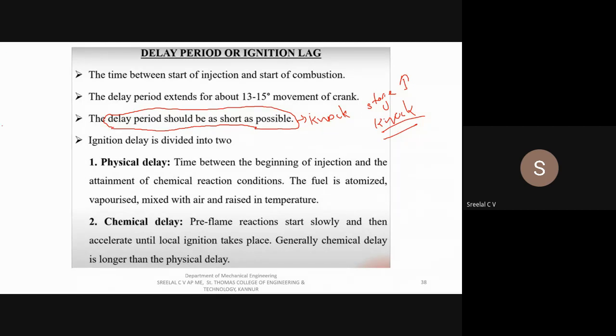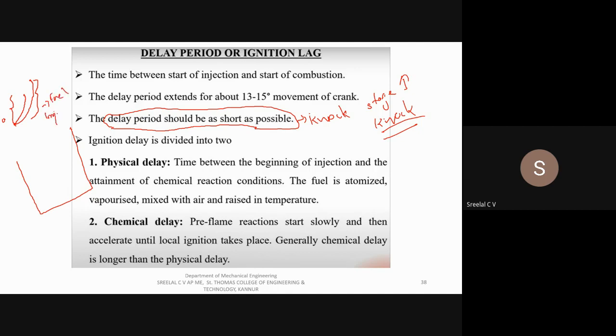You have to take into account that this is a combustion chamber. During the delay period, what happens is the starting of injection until the start of combustion. If the delay period is increased, that much amount of fuel will be injected.